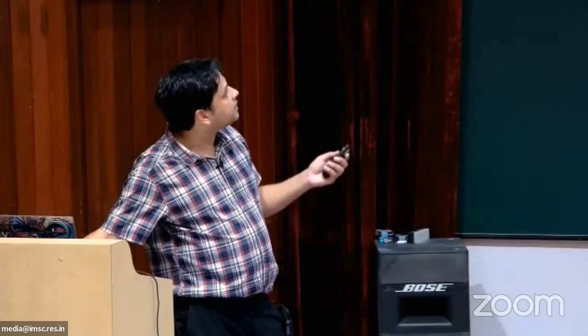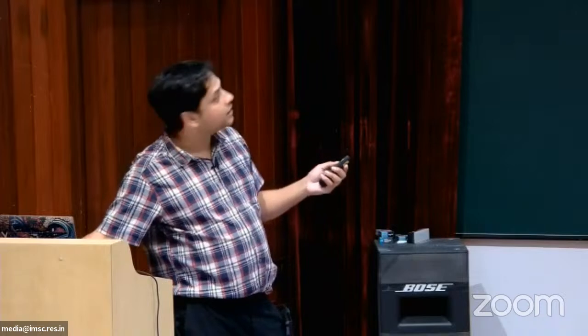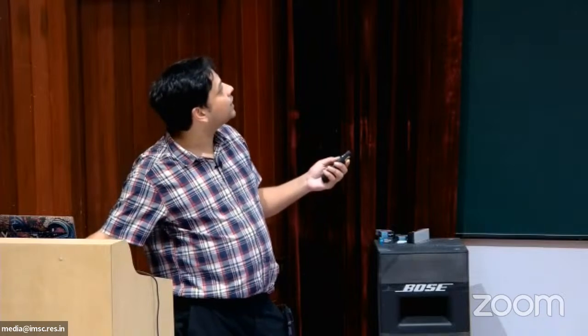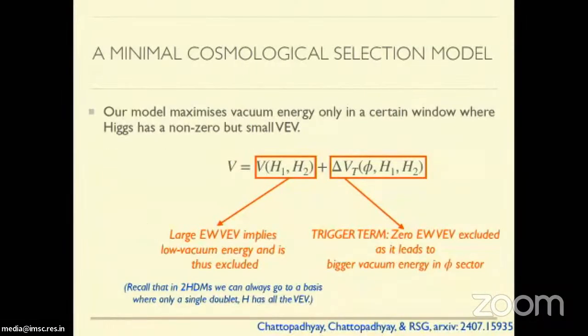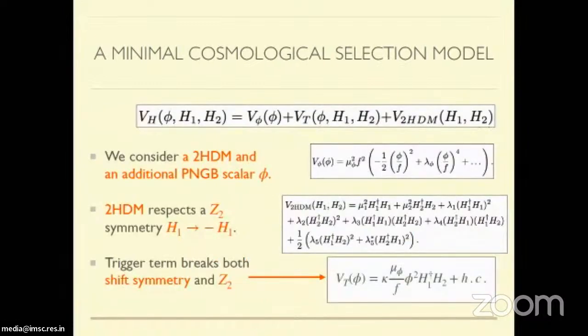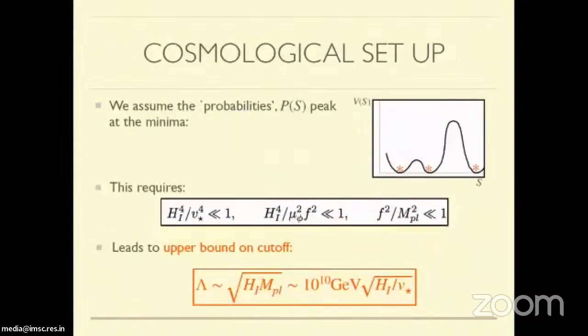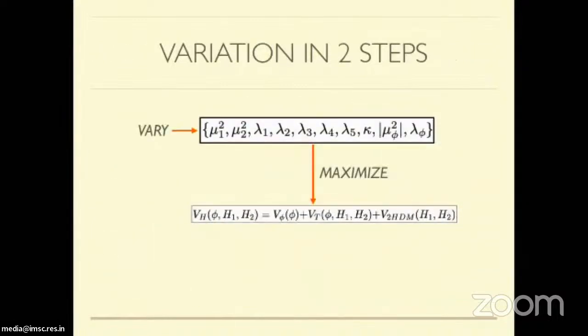No, it is. Mu phi is part of the phi potential. If it's a PNGB, then... we can discuss later, but you can show that mu phi will get corrections that are multiplicative.